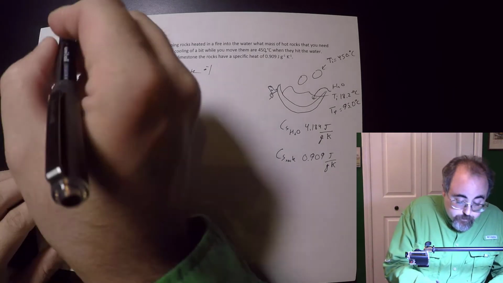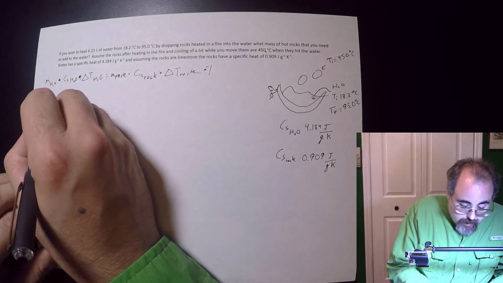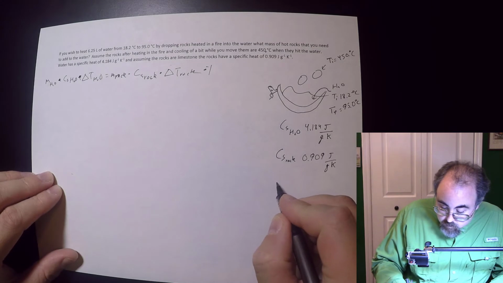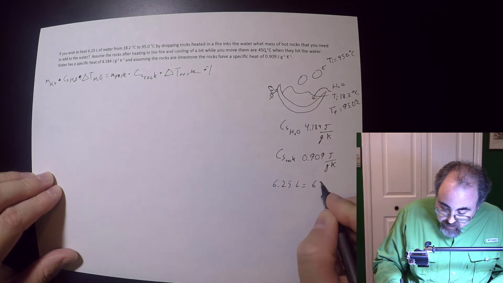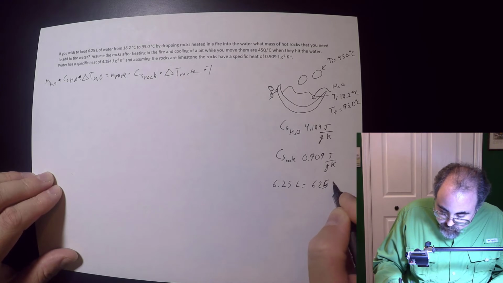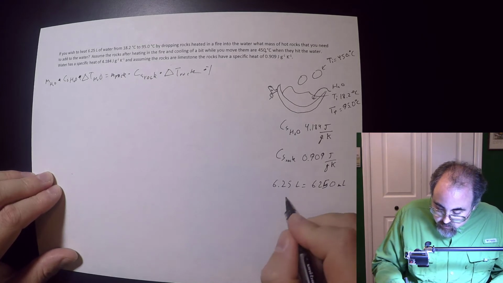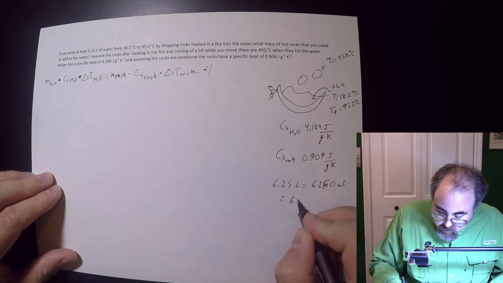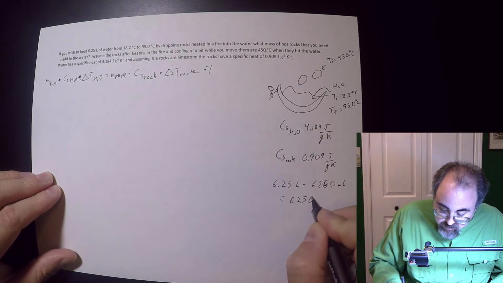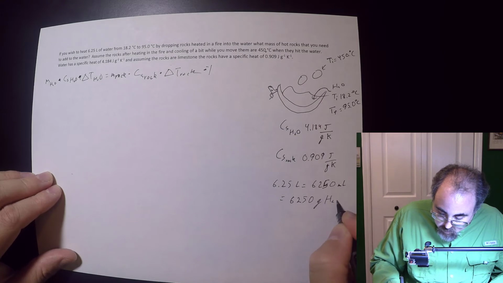So I'm going to have 6.25 liters. That's going to equal 6,250 milliliters, and that would be, if it's water, with our assumption, 6,250 grams water. There's no squiggle there.